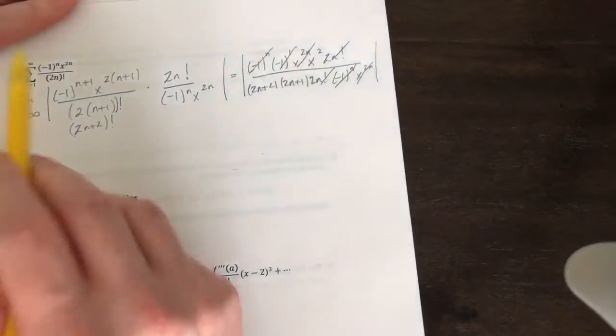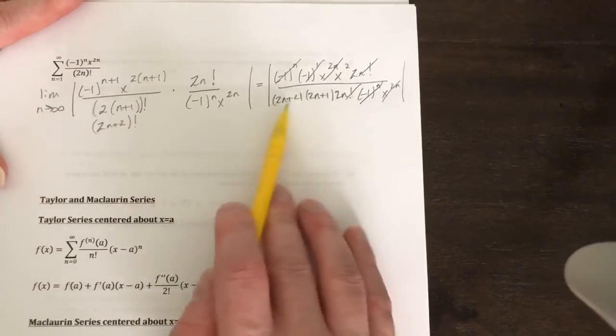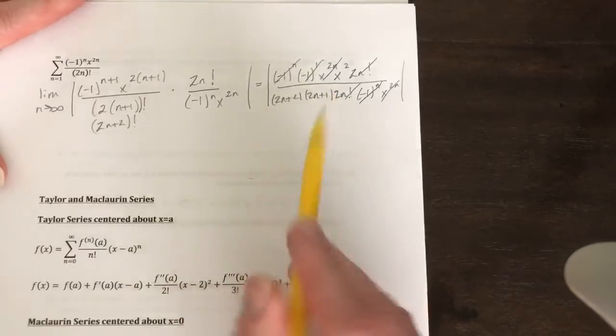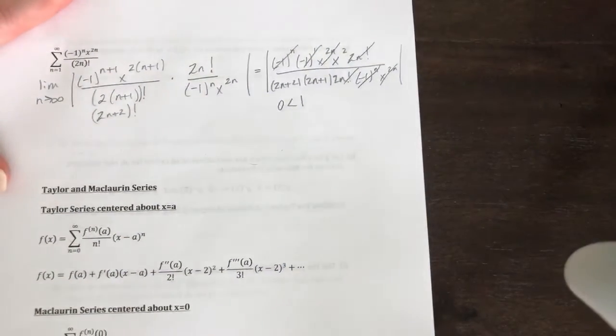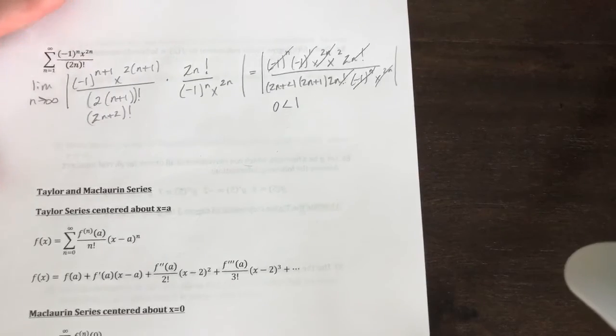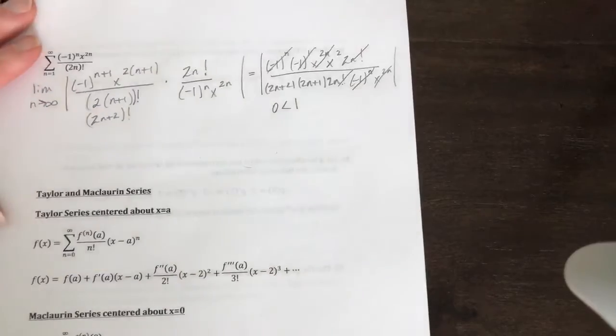So if I take the limit as n goes to infinity of this thing, it's always going to be 0, okay, because it's bottom heavy. So 0 is less than 1, correct? Yes. So no matter what this x squared is, it'll always be bottom heavy.